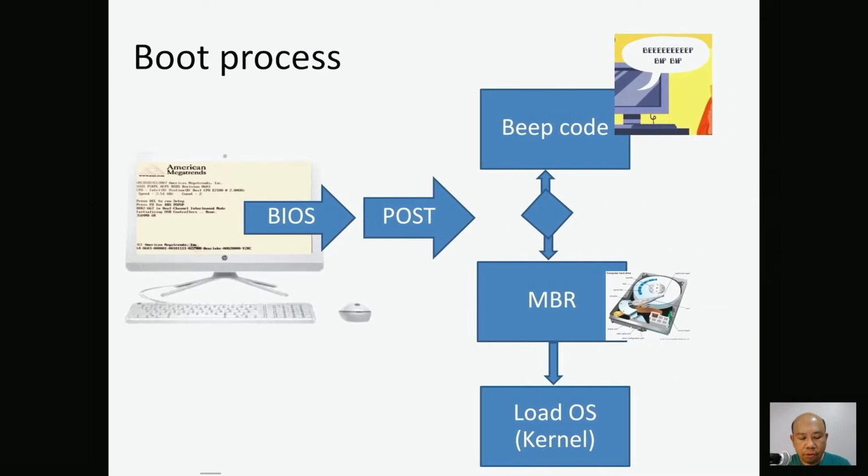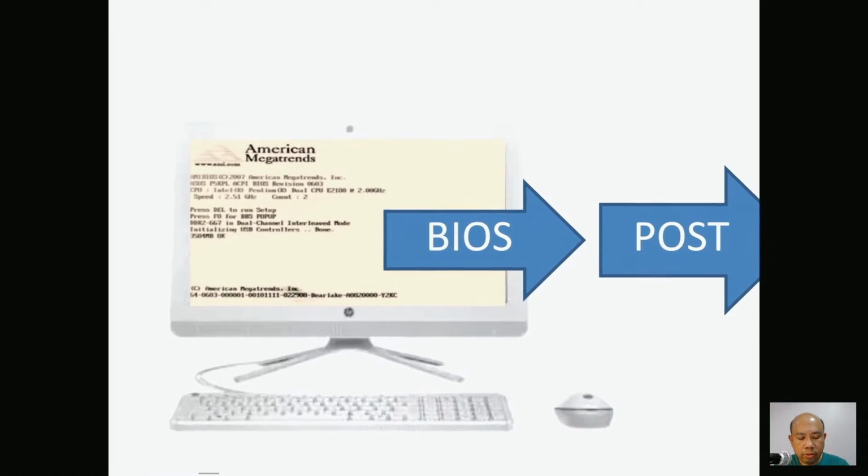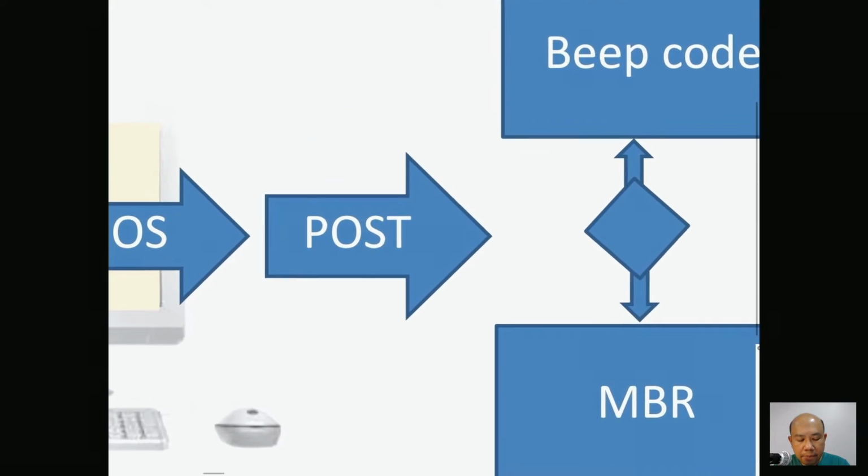Here is a flowchart for the booting process. The first step, on the left-hand side: when you press the power button, it turns on the BIOS. And then the BIOS does a POST, that means checking all of the system.